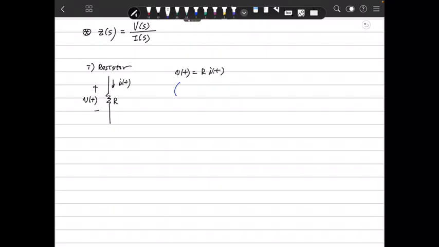Then what can we do? Just apply Laplace. Then the variables will be Vs and Is, and R is a constant value. So therefore the impedance of R in Laplace is the same as R.